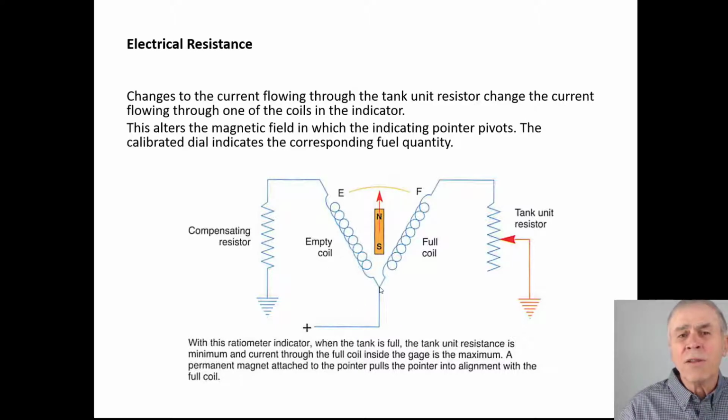Electricity tends to follow the path of least resistance, which will actually show it. It's calibrated to the corresponding fuel quantity. So if it's half, it's calibrated so that when the resistor is at this point, the indicator points straight up and down.